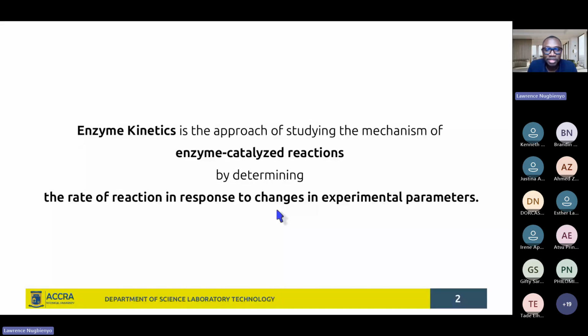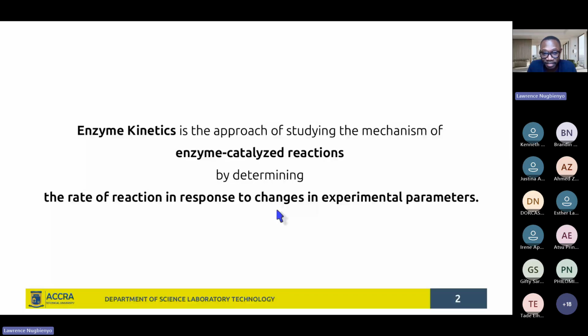So what you do is you keep the other factors constant, and you vary one of the factors. For instance, you vary pH, or temperature, or substrate concentration, or enzyme concentration, to see the response to these changes.